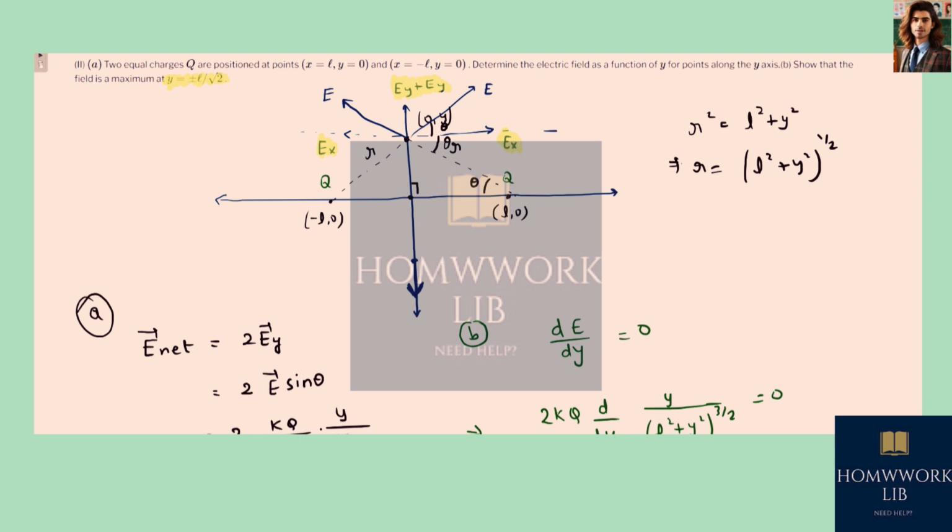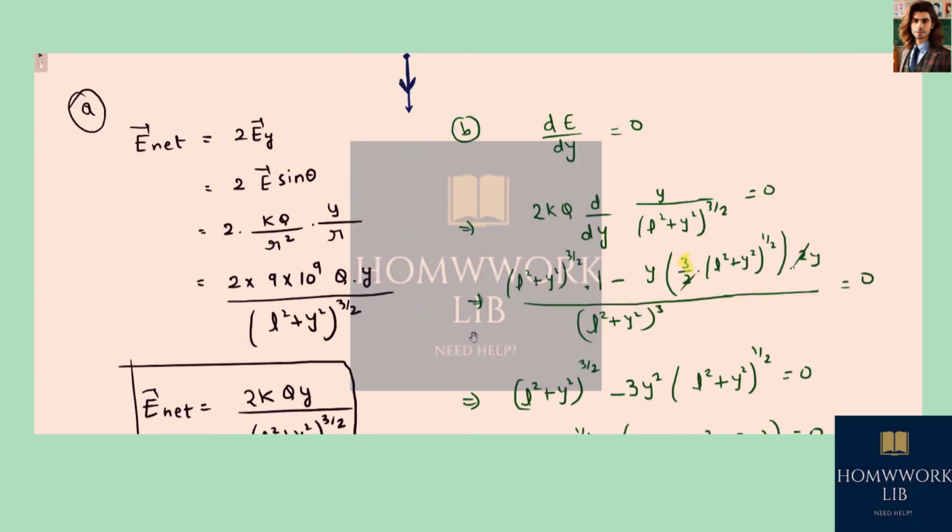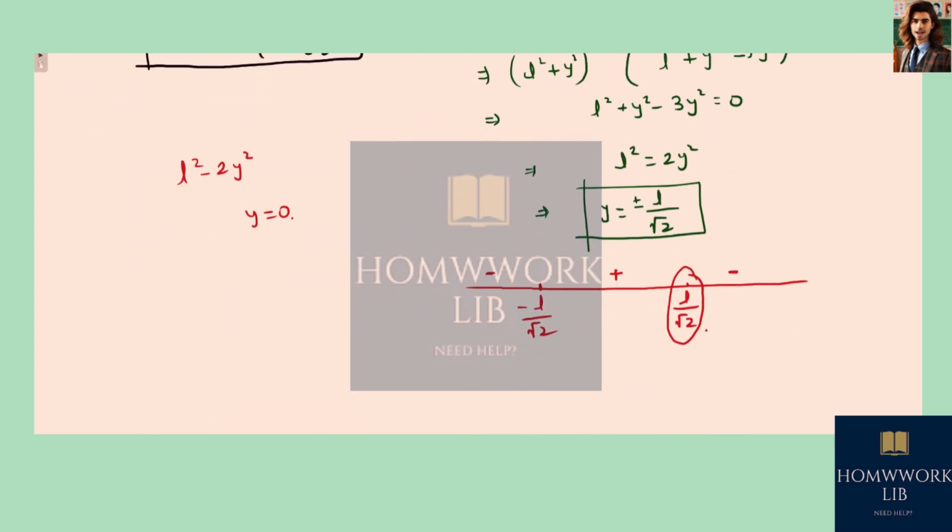But in actual, this also is of the same magnitude. So we'll say that at both these points the magnitude is maximum, with different directions, at minus L over root 2 and L over root 2. This proves that plus minus L over root 2 is a critical point of maximum value for the magnitude of the electric field.